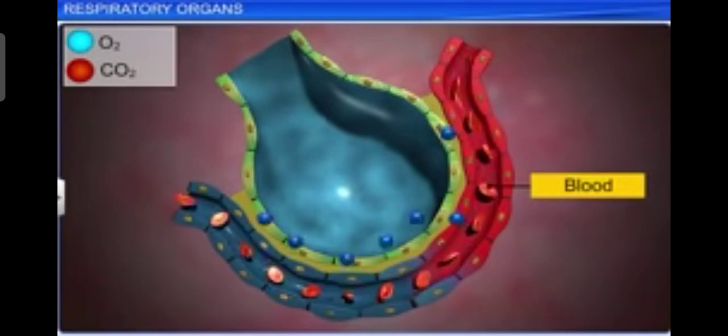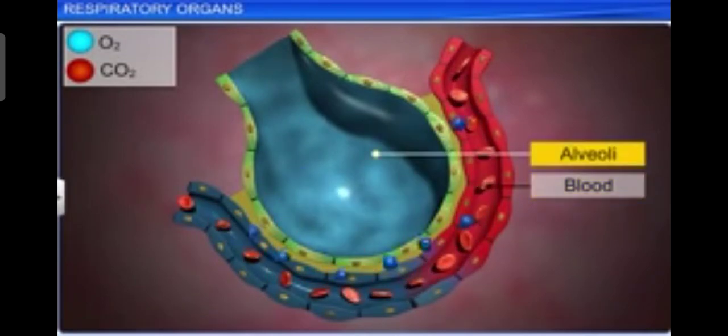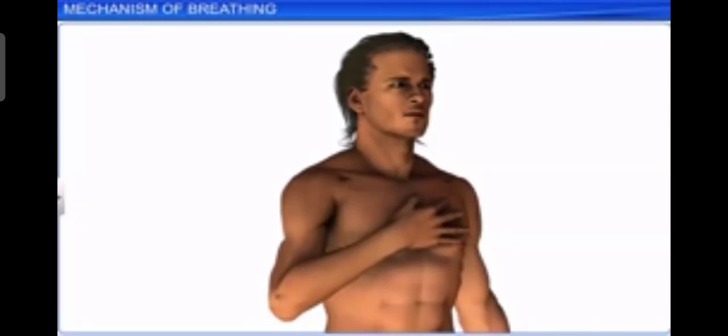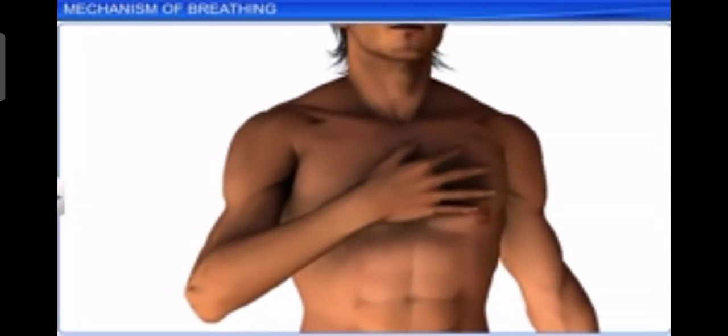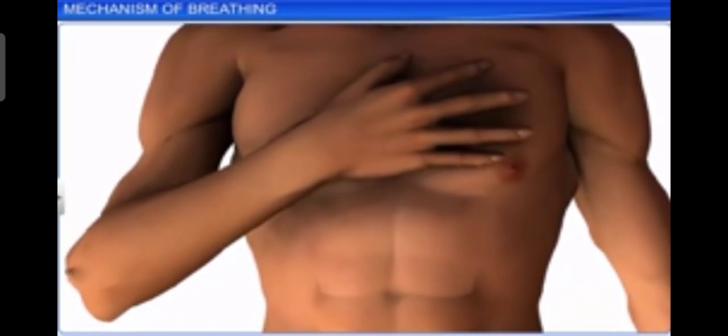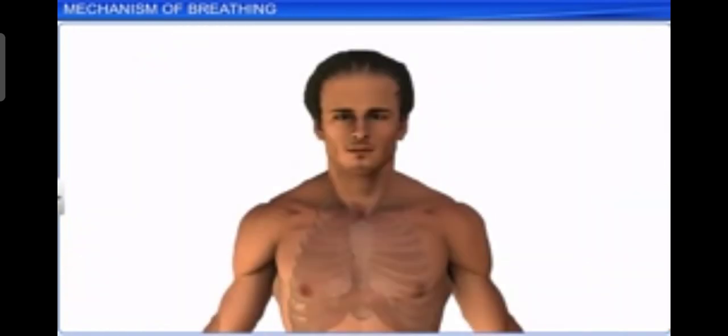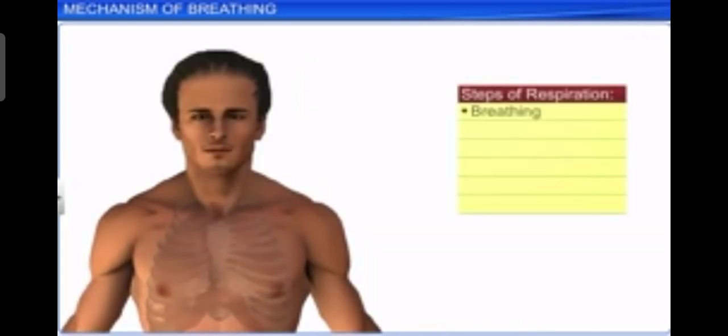This is the alveolar structure. When you place your hands on your chest, you can feel the chest moving up and down due to breathing. Inspiration moves the chest upward, and during expiration it goes down.